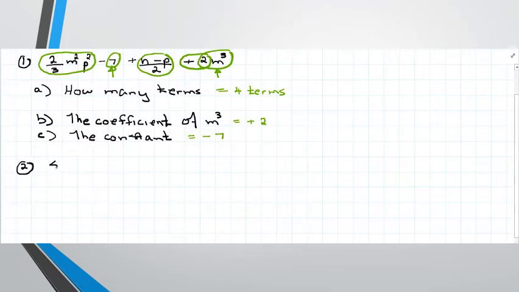Simplify. In question number A, let's see what we can do with this one. 2a squared multiply 5a squared multiply a.